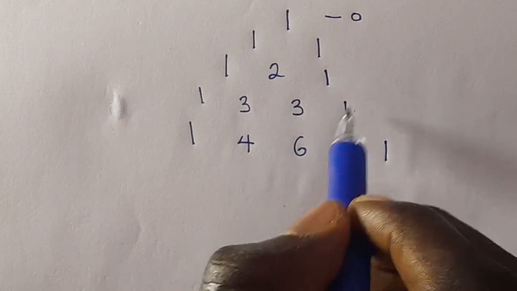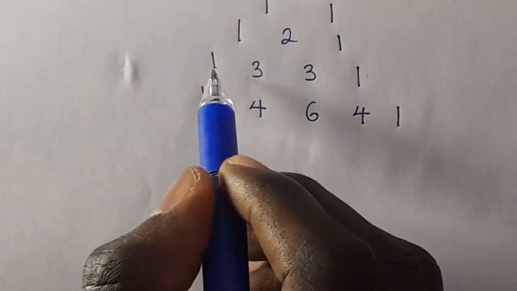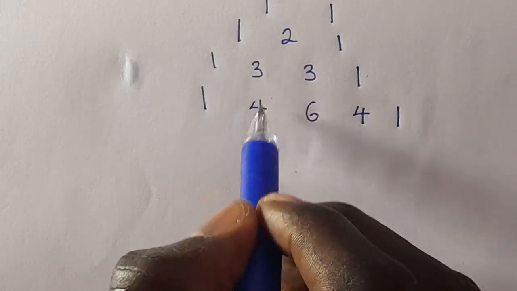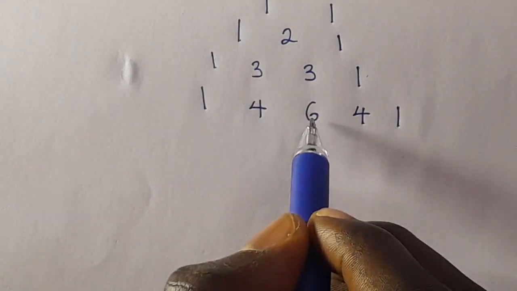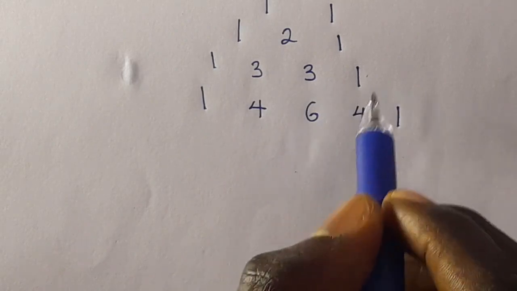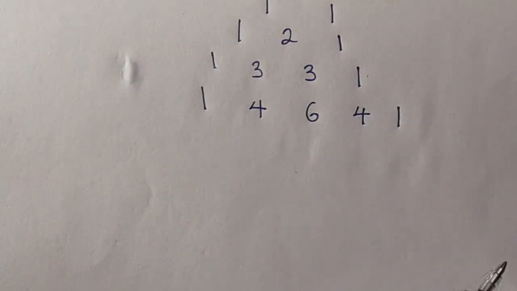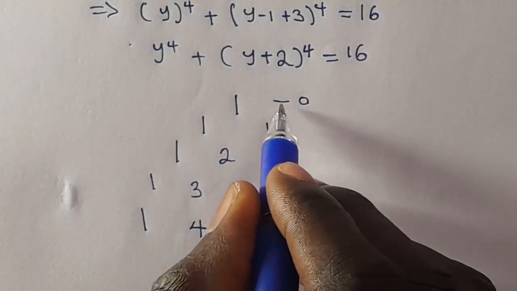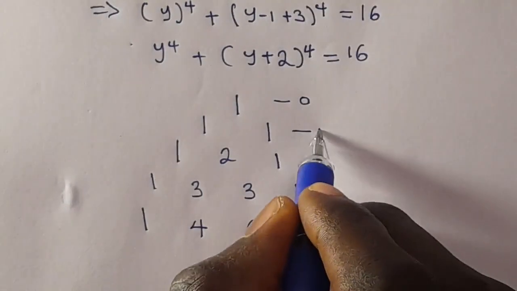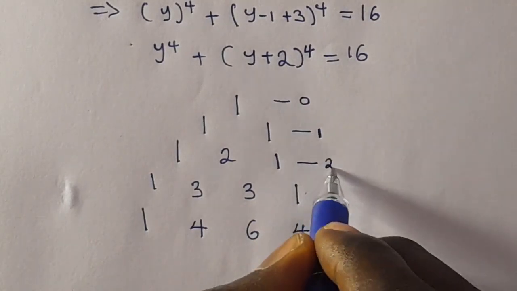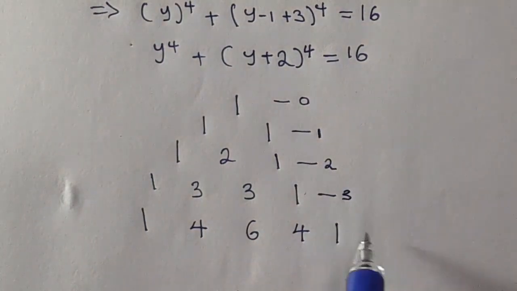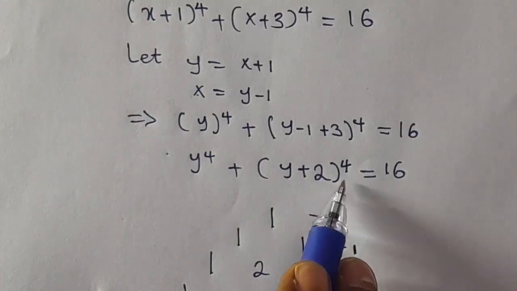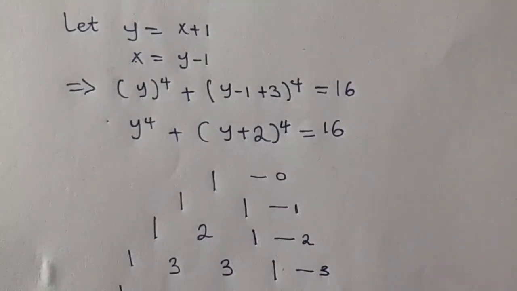Then 1 plus 0 is 1, 1 plus 3 is 4, 3 plus 3 is 6, 3 plus 1 is 4, 1 plus 0 is 1. This row is for when the power is 0, this one is when the power is 1, this one is when the power is 2, this is when the power is 3, and this is when the power is 4. And mind you, from here, we have our power equal to 4.